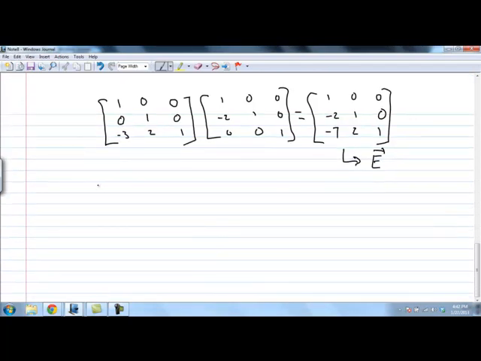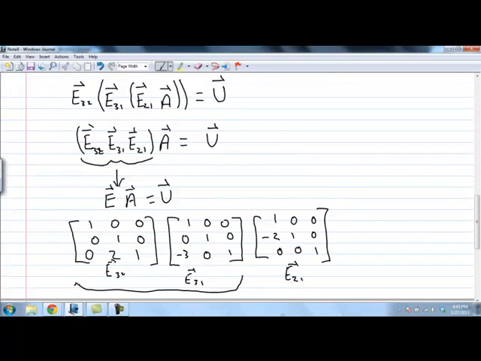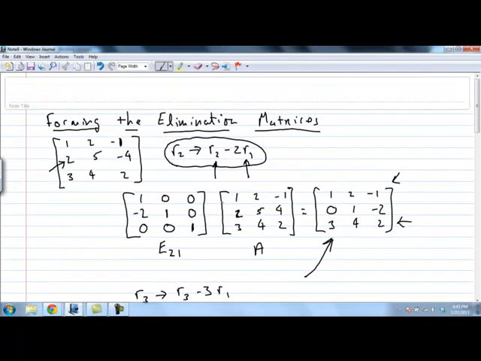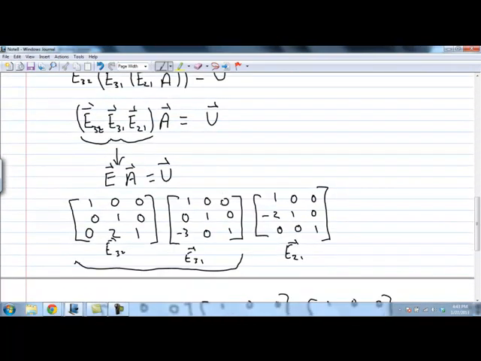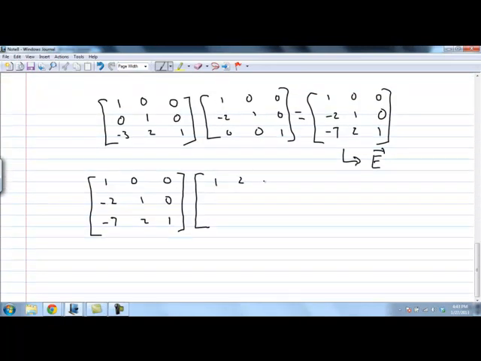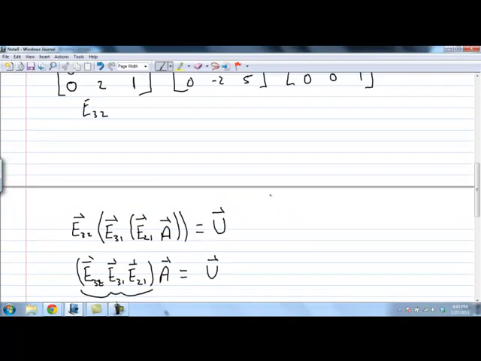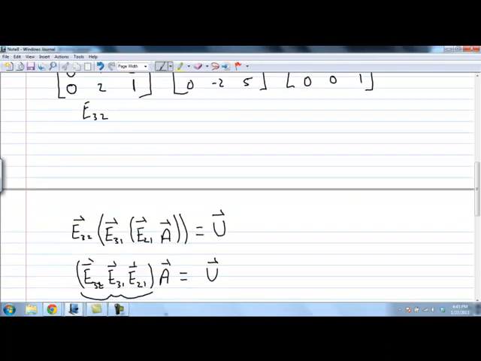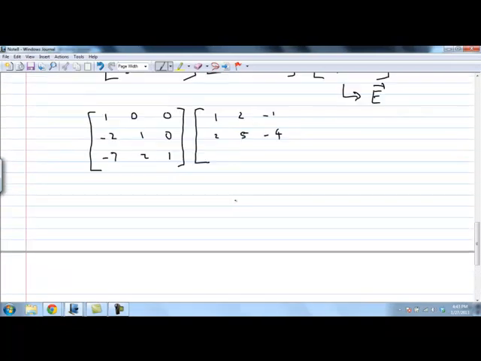And let's verify that this worked. I'm going to repeat the matrix E here, and we'll multiply it by A. And let's see what we get.